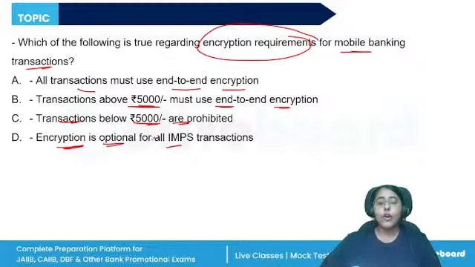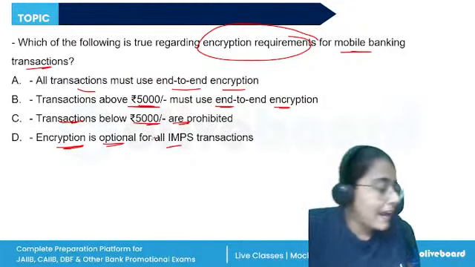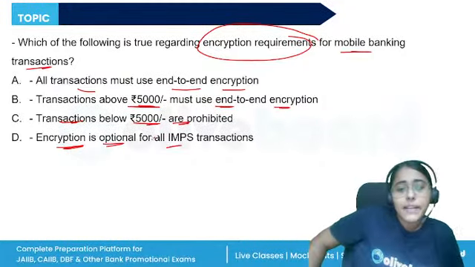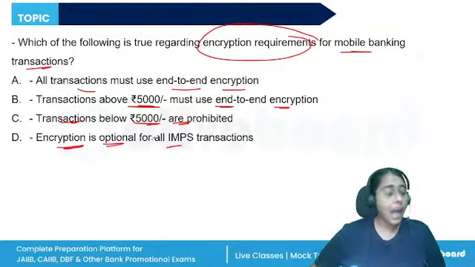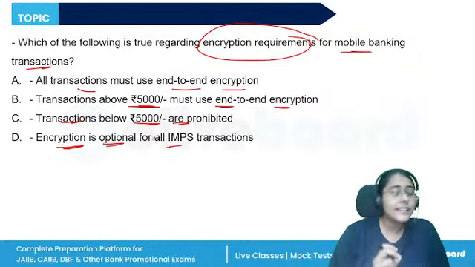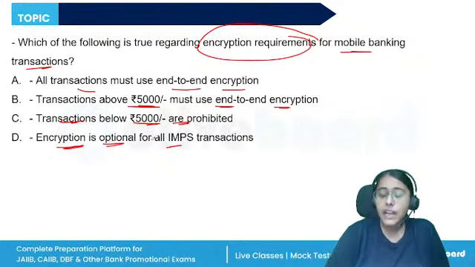So when we are talking about mobile banking, mobile apps are developed by almost all the banks. Banks are permitted to offer mobile banking services through SMS, mobile banking application, or the USSD, right, after obtaining permission from the Department of Payment and Settlement Systems of RBI.